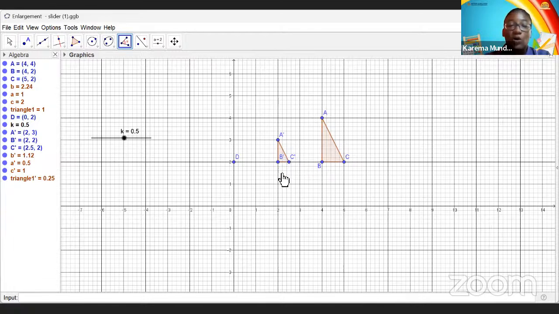All right, so let us talk now about what's happening in terms of the length. I'm just going to grab a line segment. So let's look at, again, A prime, B prime, because those are easy to see. A prime, B prime. What's the length there?